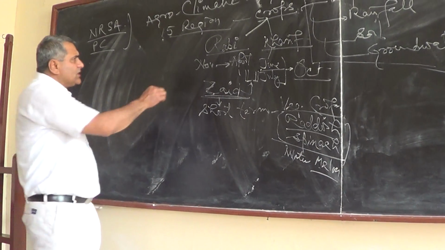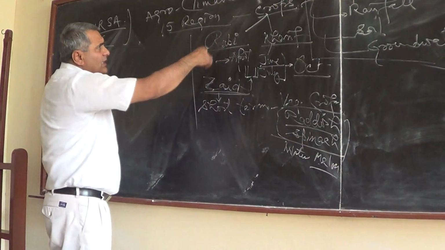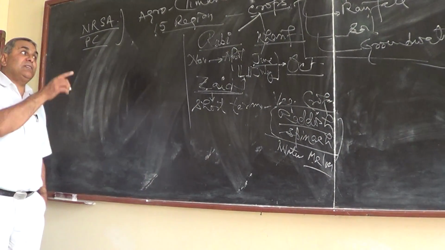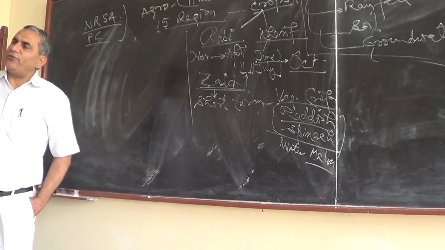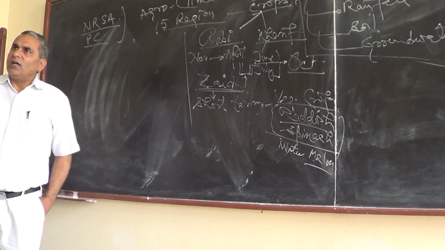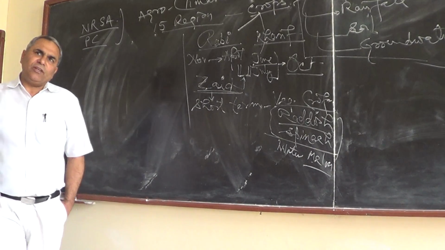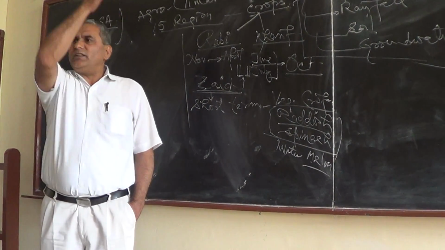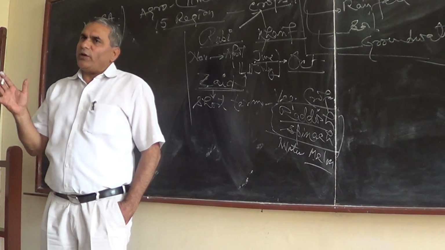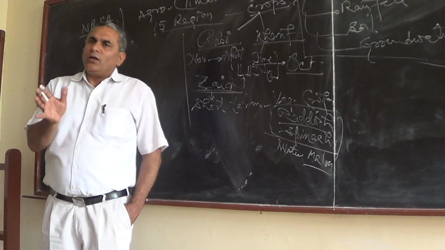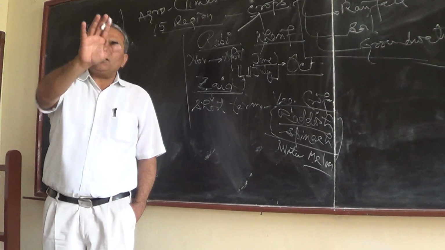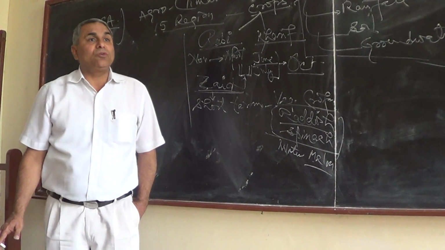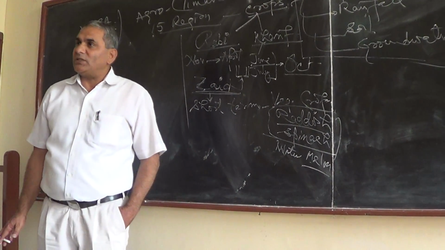So these are the 3 cropping seasons, and in India on the basis of these crops we have 15 agro-climatic regions. In every region, like when you travel by train from Delhi to central India and South India, you find different crops. Wheat was harvested last month only, in March in South India, in Madhya Pradesh.